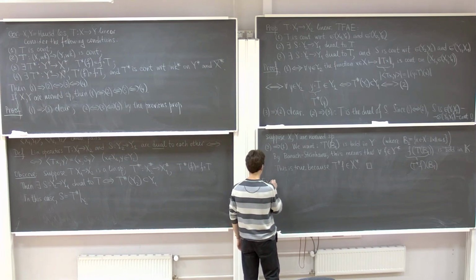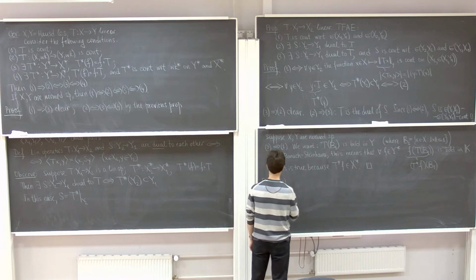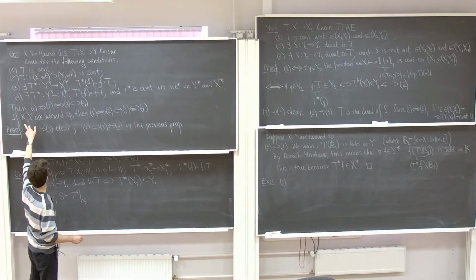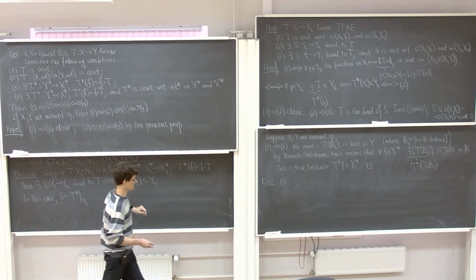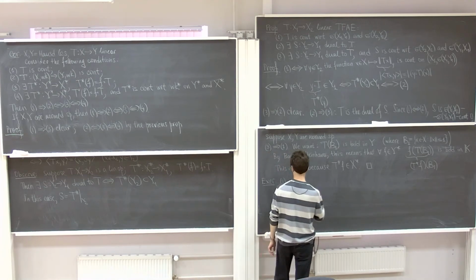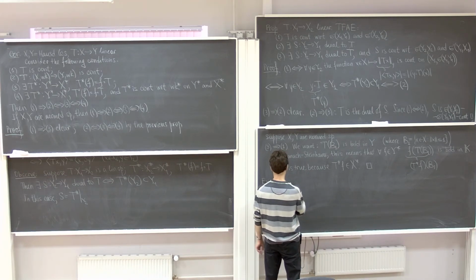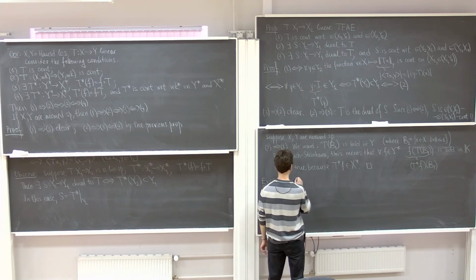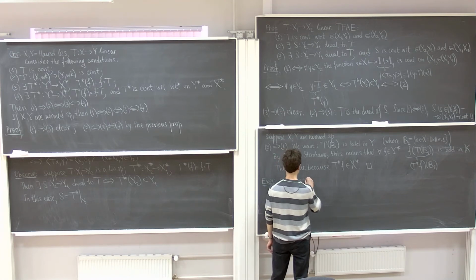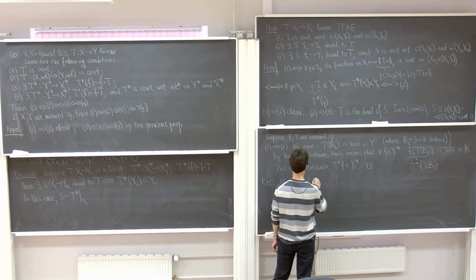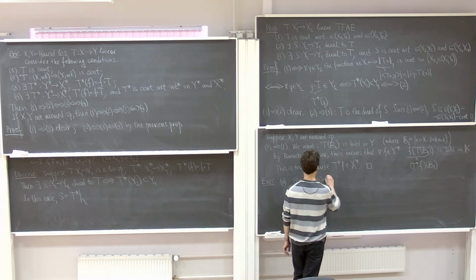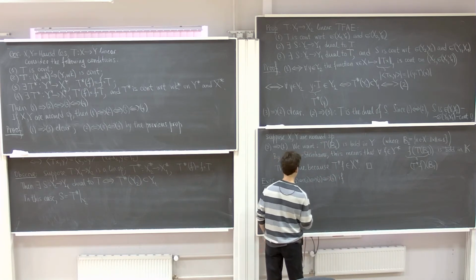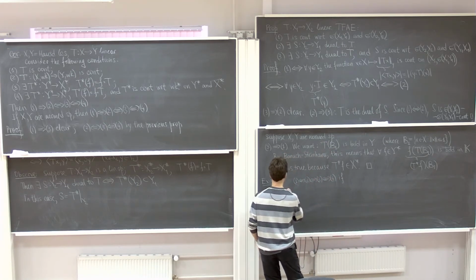Here's a useful exercise. First of all, the assumption that X and Y are normed spaces can be generalized. Let it be part A. So conditions 1, 2, 3, and 4 are equivalent, and here we have two exercises.